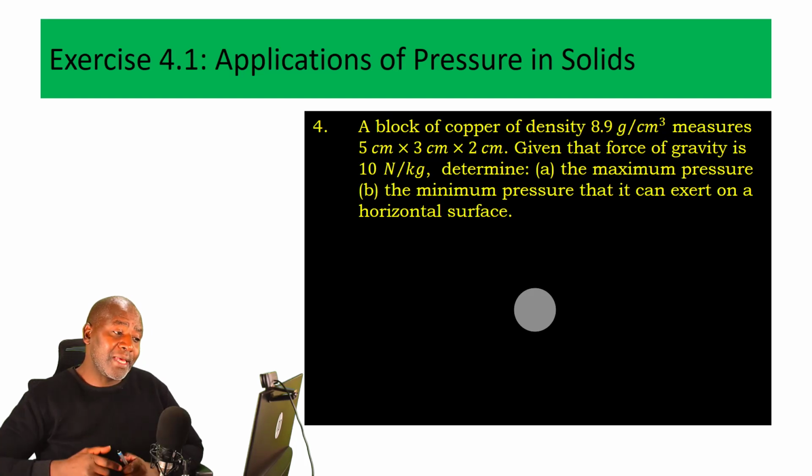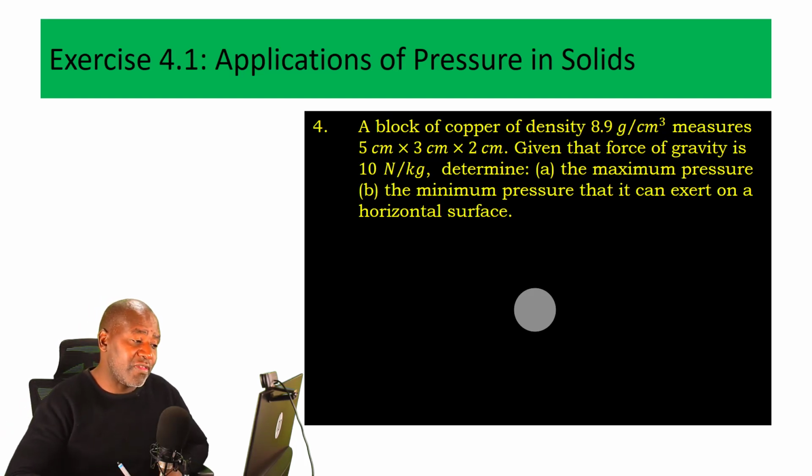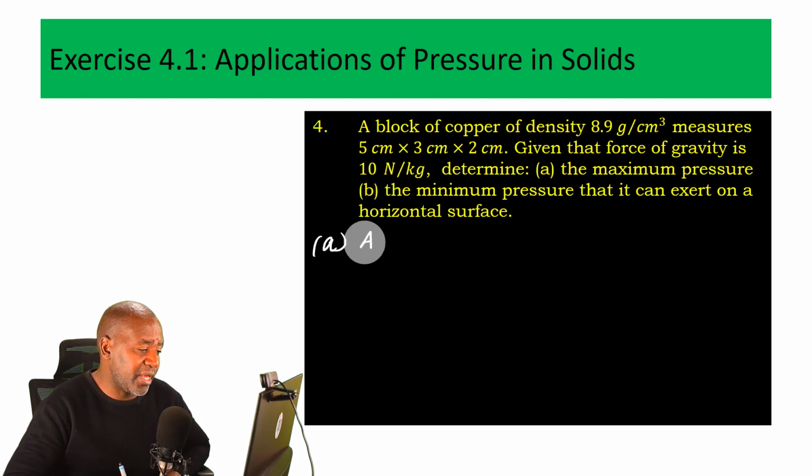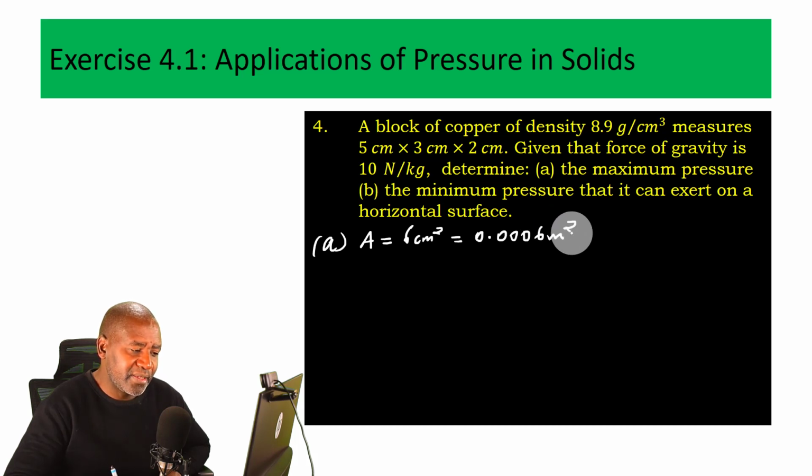So for part A, we know that the area to consider is 6 centimeters squared. And this, automatically you convert into meters squared directly by dividing by 10,000.